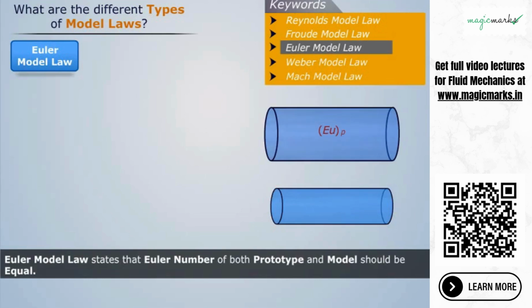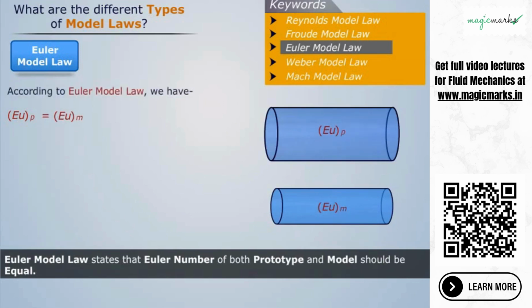And EUM be the Euler number of this model. Now according to Euler model law, Euler number of both the prototype and model should be equal.